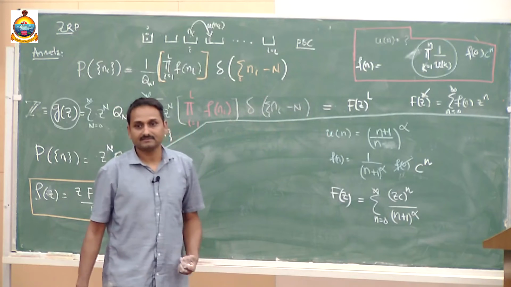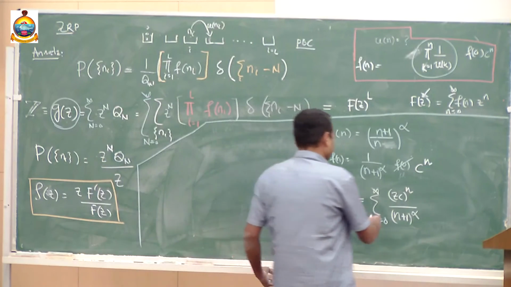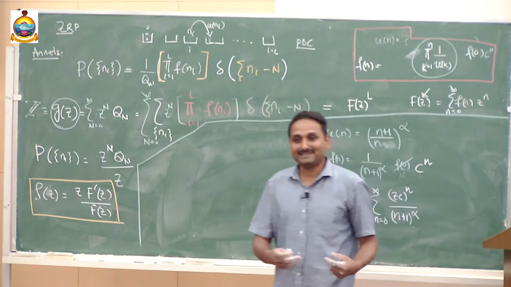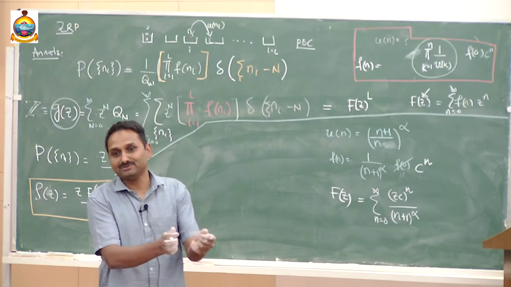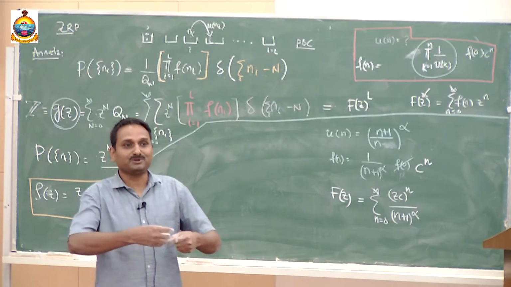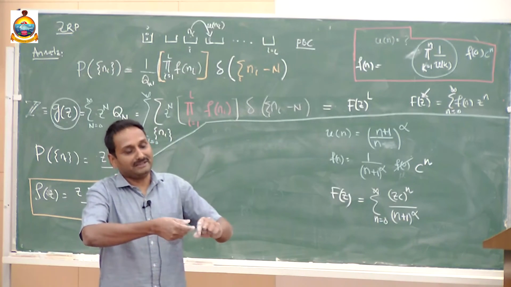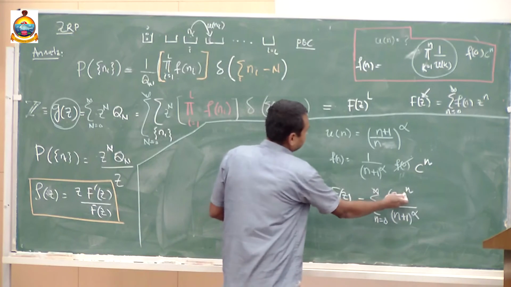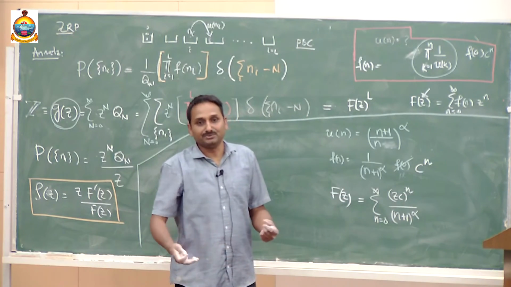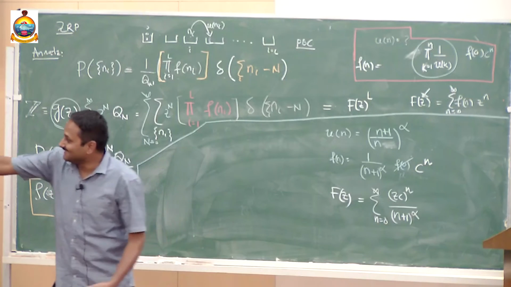Now you can see that c appears only along with z, right? Because you are looking for a radius of convergence of z, you can effectively say that zc is your new z, because you want to set this equal to 1.